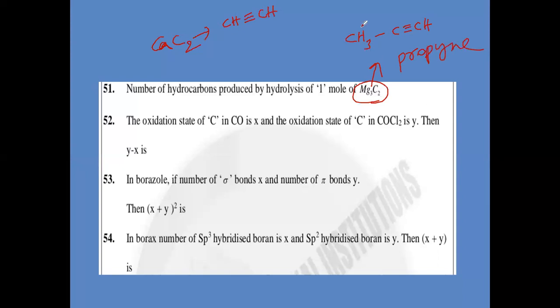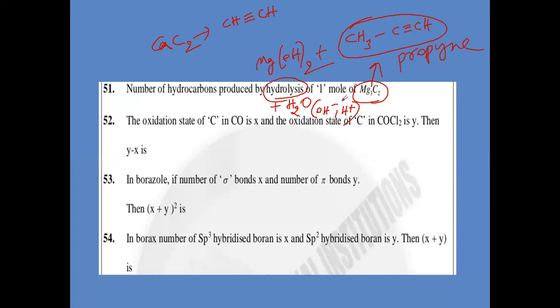So how many hydrocarbons are formed here? One. Along with this, magnesium hydroxide will form. Hydrolysis means interaction with H2O. In water, H plus and OH minus will be present. The carbide ion will take H plus, and Mg plus 2 ions will take OH minus.